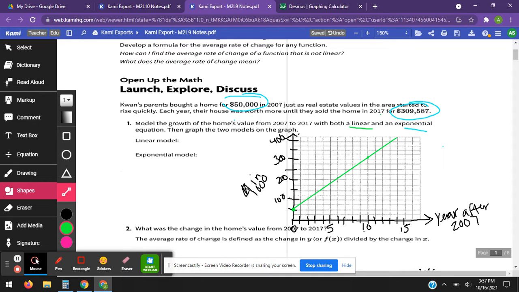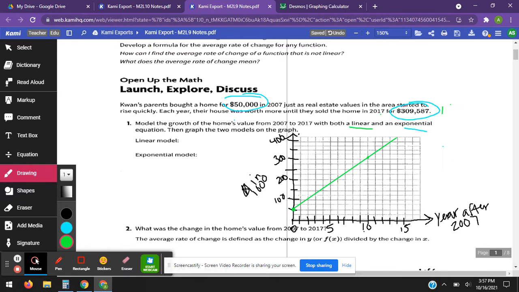So to find my linear rate, I'm going to subtract my two y's. So 309,587 minus 50,000, which is 259,587.